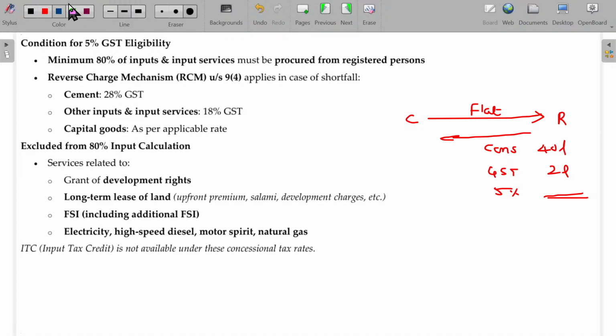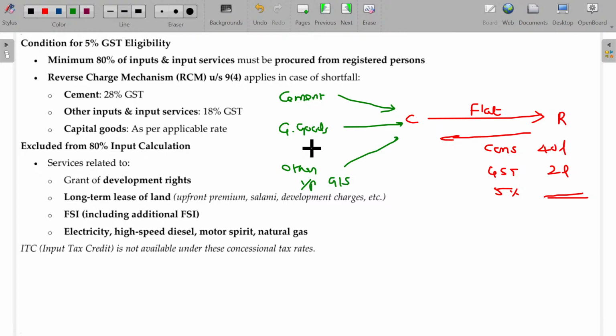Provided the input you get here, what input? Cement and capital goods. Capital goods like machines and all is called capital goods. Other input goods or services.